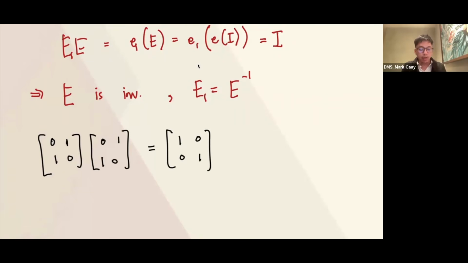So basically, I'm sorry, let me correct. Yeah, tama. 1, 0, and then 0, 1. Okay. So kung papansin mo, this is an elementary. So its inverse is also invertible at the same time.